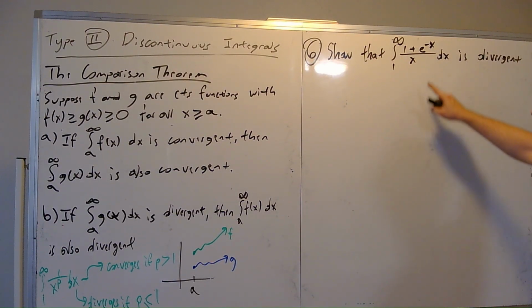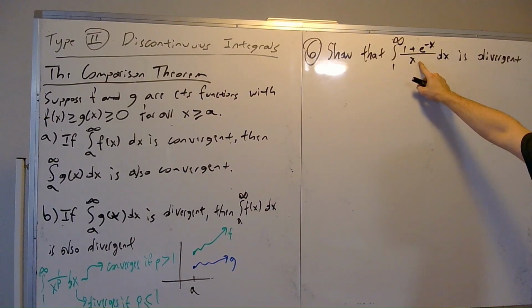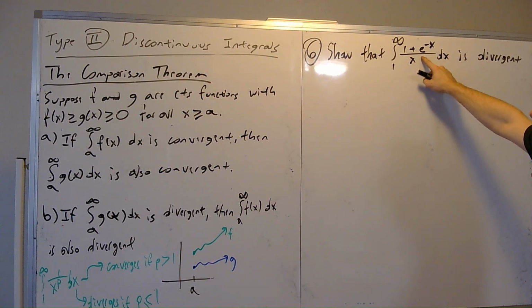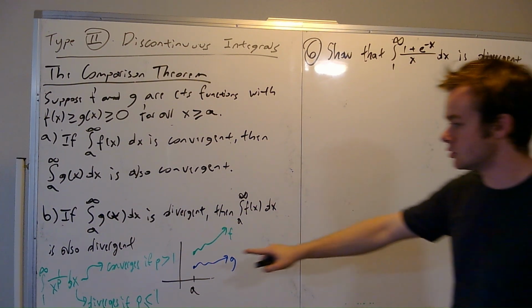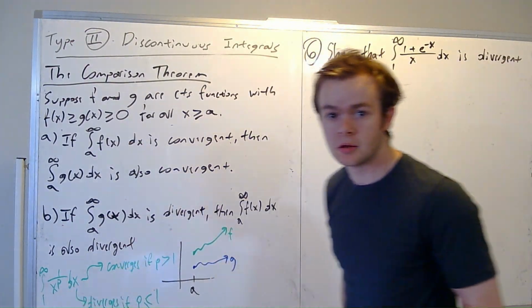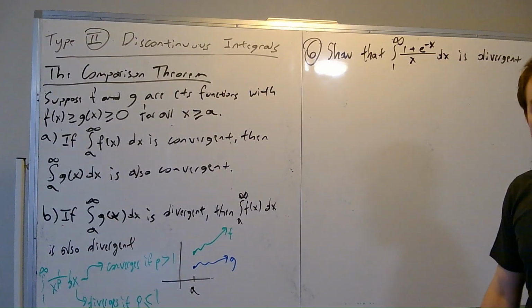That's how we figure that out, because we're trying to prove that it's divergent. So we're trying to find a smaller function that's divergent, namely what I just mentioned here. Whenever we're taking the integral of 1 over x from 1 to infinity, that's divergent.